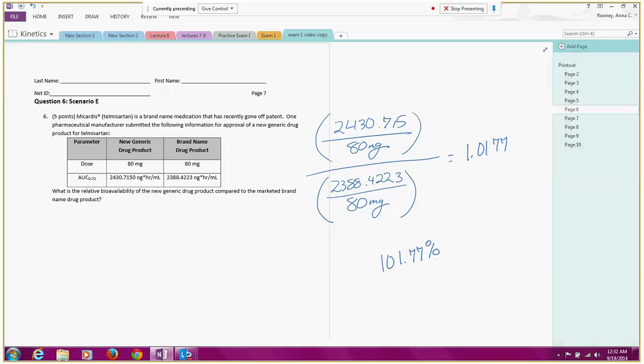So why would this necessarily be a bad thing for the generic drug company? Why would this be a bad thing? Your drug is having a better activity than the brand name. Well, if it's an L and a D form and you don't want the L form, let's say in this drug hypothetically, and you only want the D form, not only does the L form cause extra activity, but it could cause issues with side effects, toxicity, which is what I used to study.